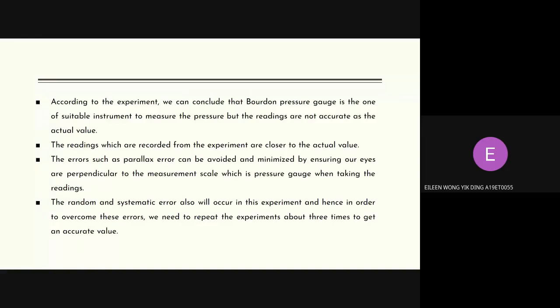Errors such as parallax error can be avoided and minimized by ensuring our eyes are perpendicular to the measurement scale, which is the pressure gauge, when taking the readings. Random and systematic errors will also occur in this experiment, and hence, in order to overcome these errors, we need to repeat the experiment about 3 times to get an accurate value.